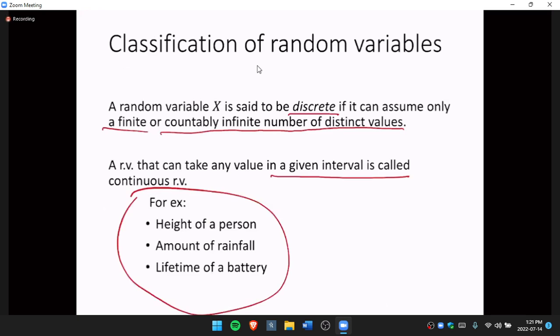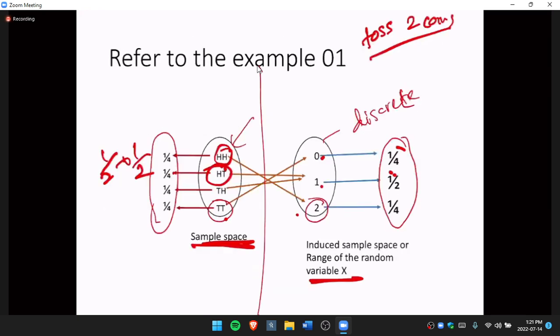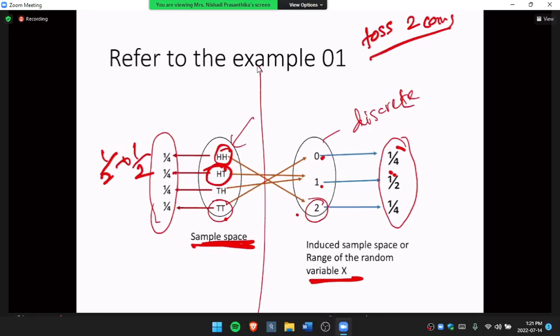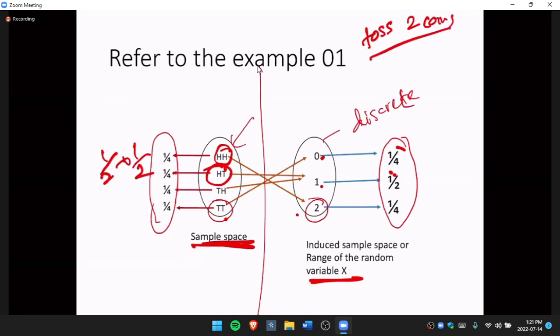Now we are going to find the probabilities of those values of the random variable. We found the probability of getting 0 as 1 over 4 and the probability of getting 2 as 1 over 4. Now tell me, what is the probability of getting 1? Here, I have given you the answer. That should be half. Why is it half? Because 1 is mapped with these 2 sample elements, HT and TH.